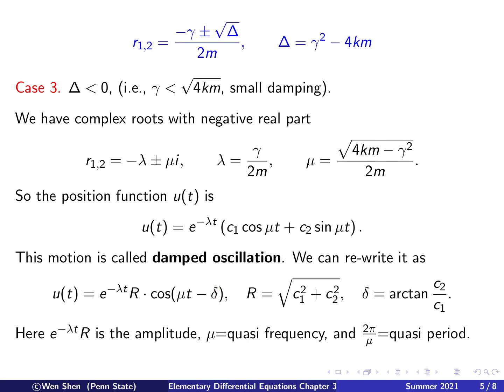And delta is the phase, it's arctan of c2 over c1. If you write it like this, you see more clearly the solution takes this form, where this is the amplitude of the oscillation, and mu is called the quasi-frequency, because it's not actually a periodic motion, but it oscillates, so it's not a frequency, it's a quasi-frequency. And 2 pi over mu is called the quasi-period.